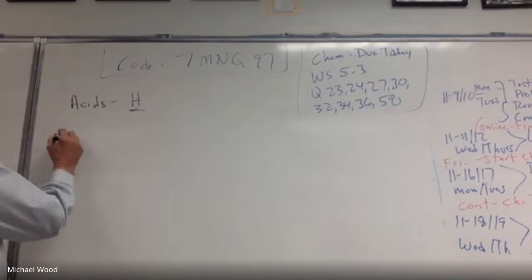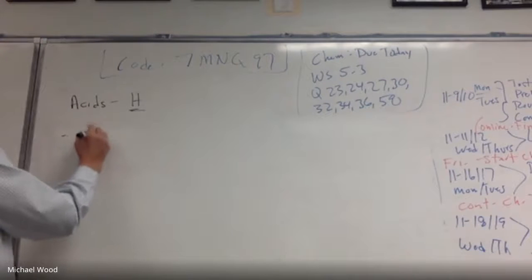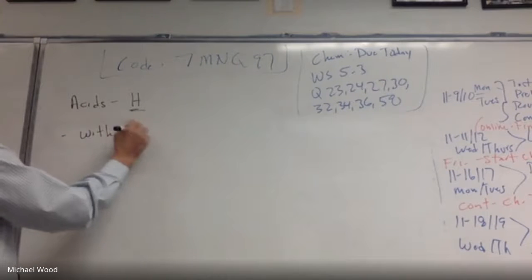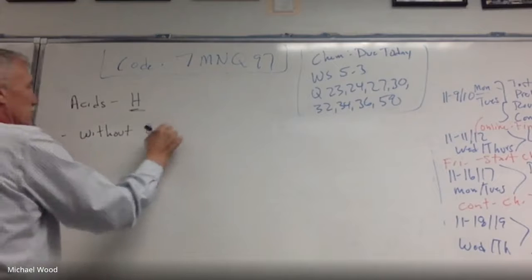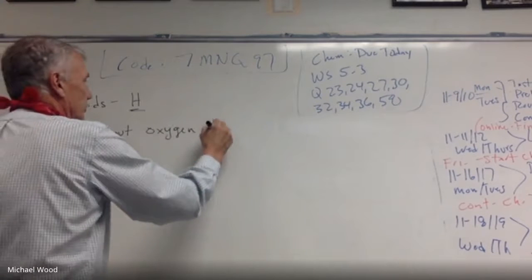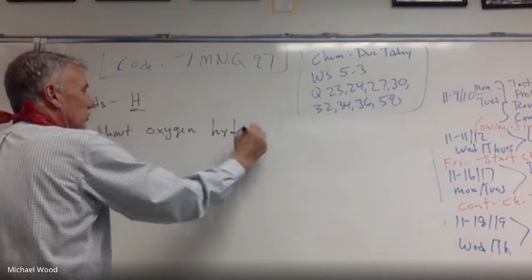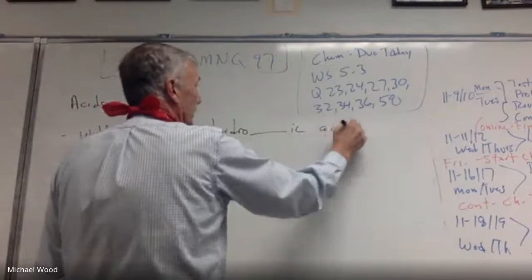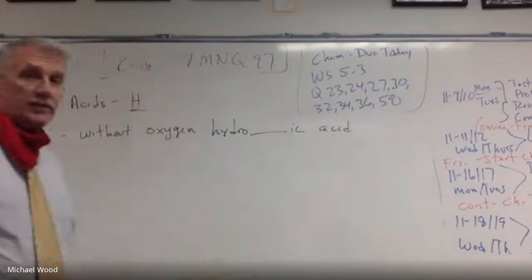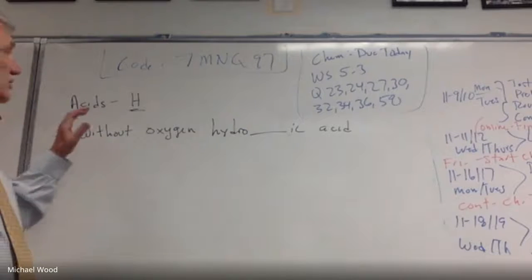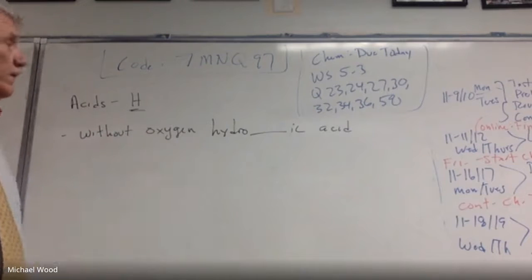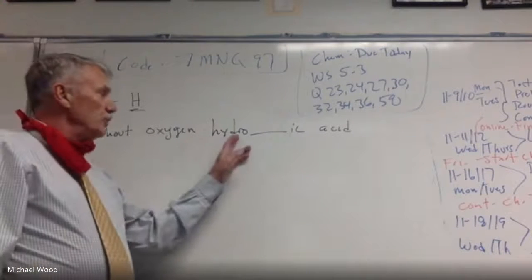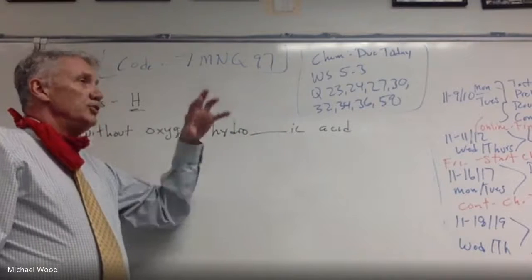If we have an acid without oxygen, then what we do is we put on the prefix hydro and then the ending IC. And whenever it's an acid, you always write out that it's an acid. So if the acid does not have oxygen, then you put on the prefix hydro and then you drop the ending.